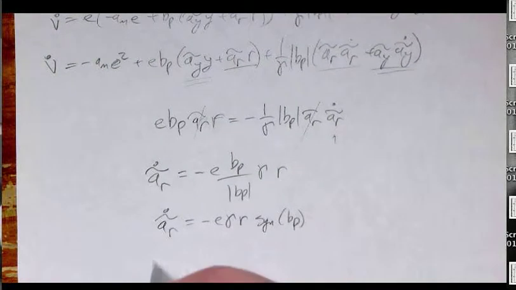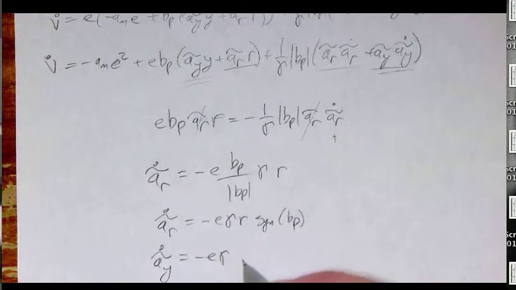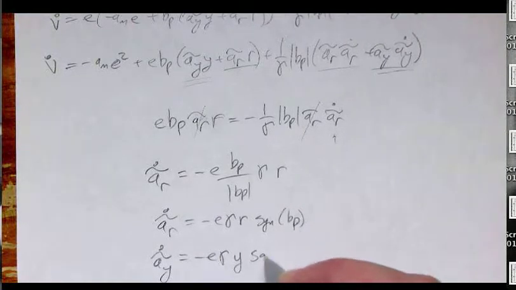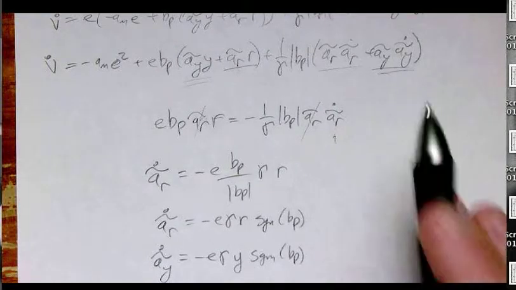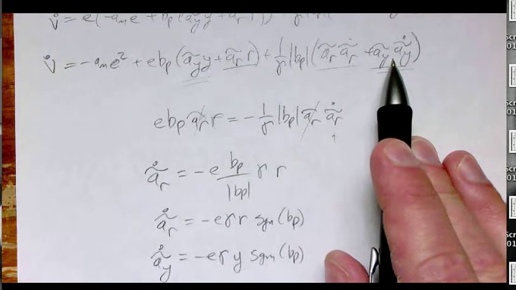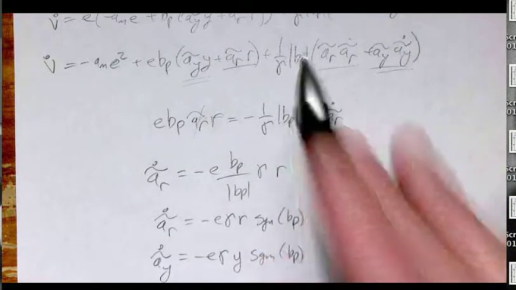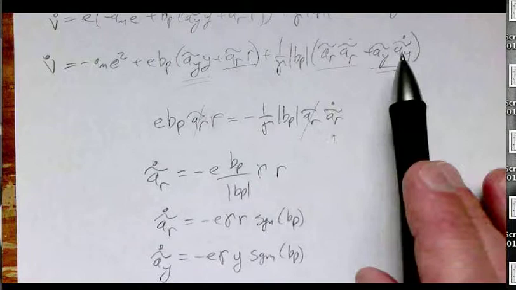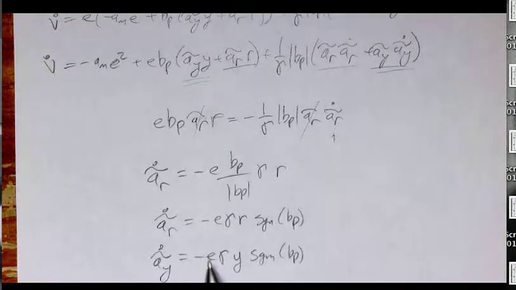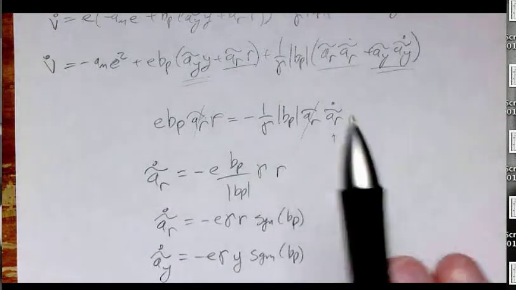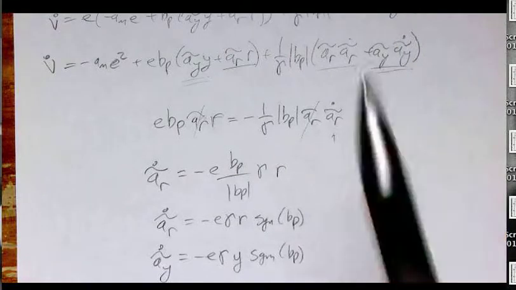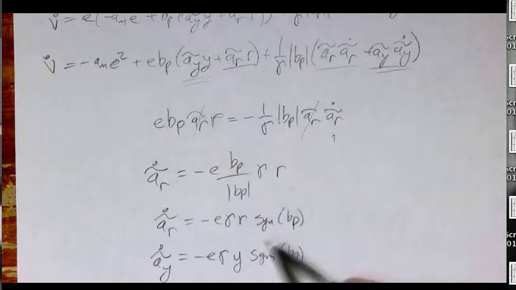And similarly, if we said that AY tilde dot was a negative E gamma Y sign of BP, then if we plugged that in here, the gamma would cancel the gamma, the sign BP times BP would just give us back BP, and we'd have basically negative E Y BP AY tilde, which would exactly cancel that.